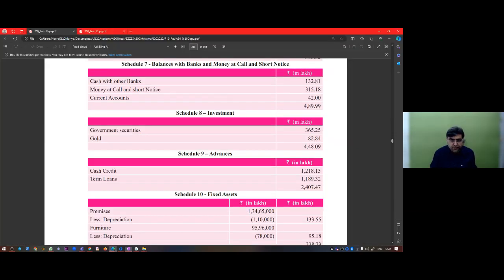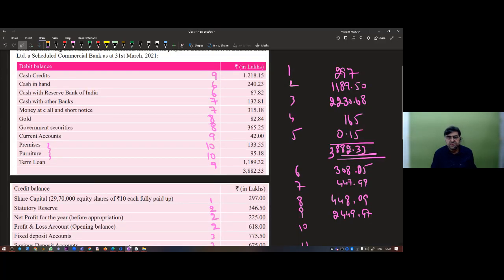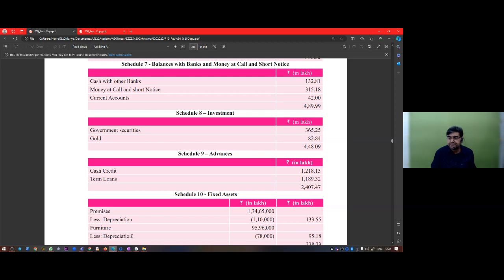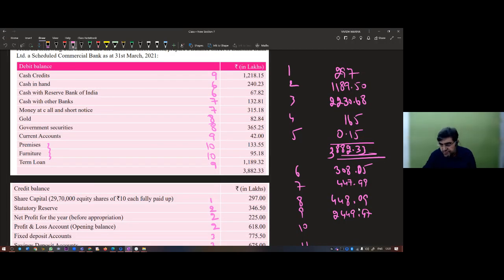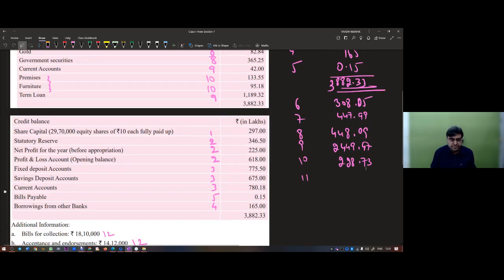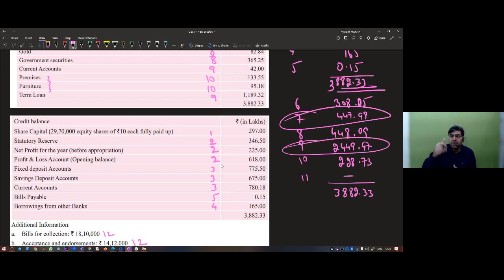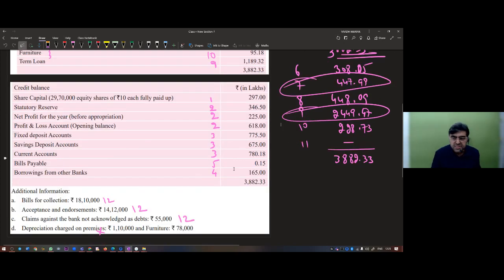The answer of the institute is wrong. 10 is 228.73. 11 is, make the correction in 7 and 9. Now 12.